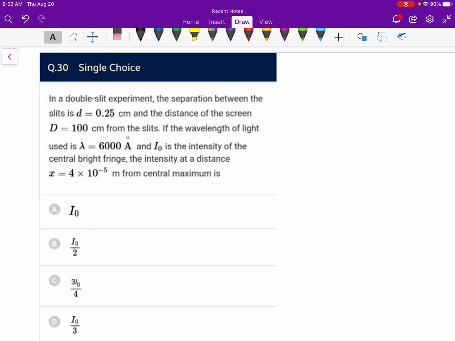In a double slit experiment, small d, capital D, and lambda are given, and we have to find the intensity at X. So the intensity at X is I, the intensity at central maximum, into cos square phi by 2, which is cos square of 2 pi by lambda into delta L, that is phi by 2.